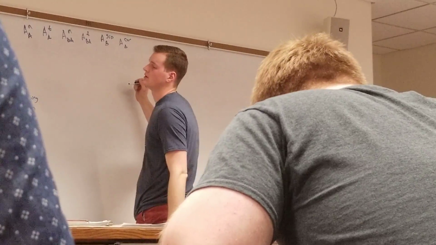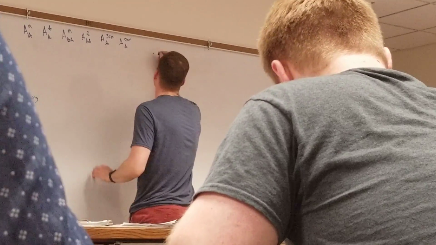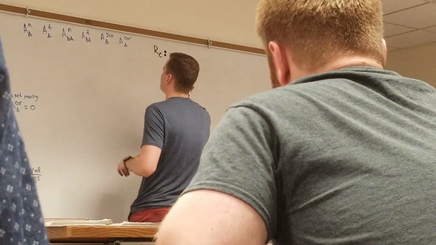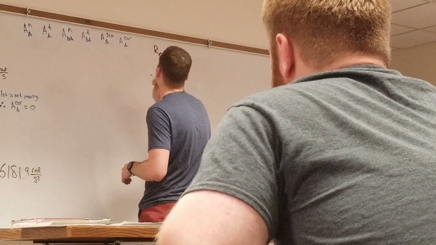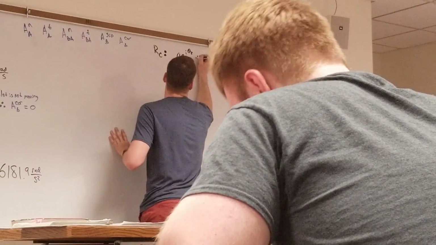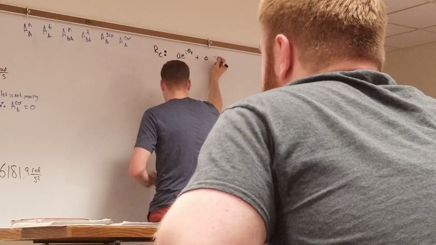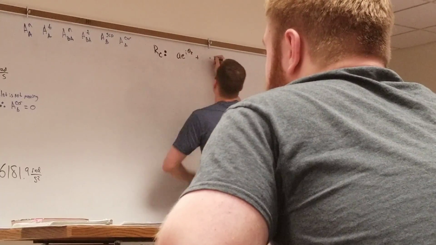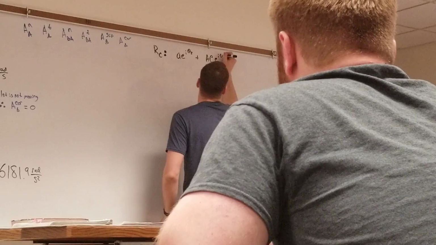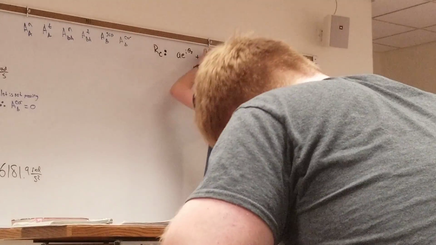Okay, Jeremiah, what is our loop equation, or our complex equation, for the distance to point C? A e^(i theta 2) plus AC e^(i theta 3). I think. Might be minus AC. Is it positive or negative, guys?